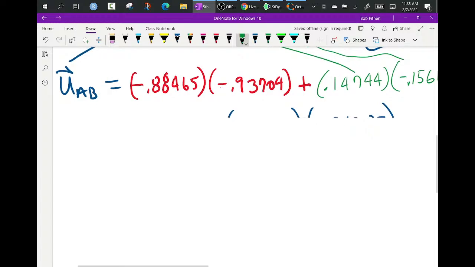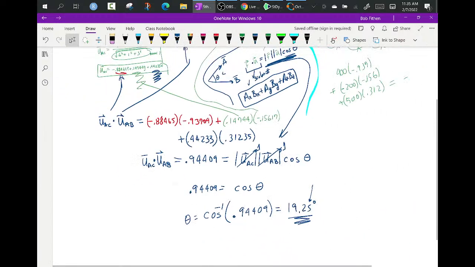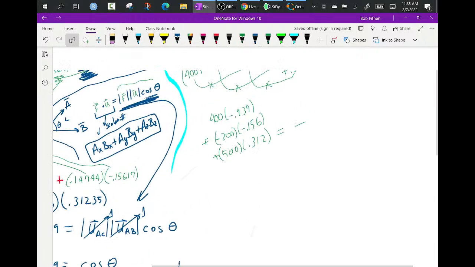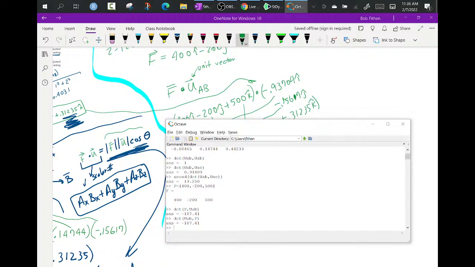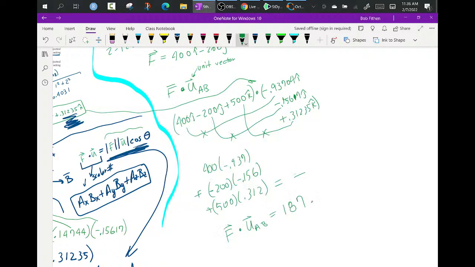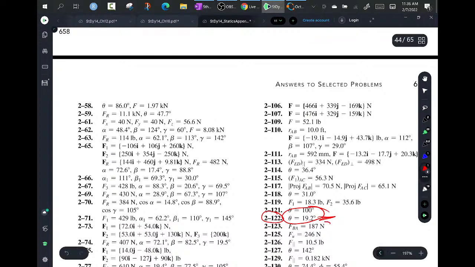And now I've already forgotten its value. Here it is. So the vector component of F going along AB, the magnitude of it is, I think, 187.4. So that's the magnitude. Which direction it goes is another matter.